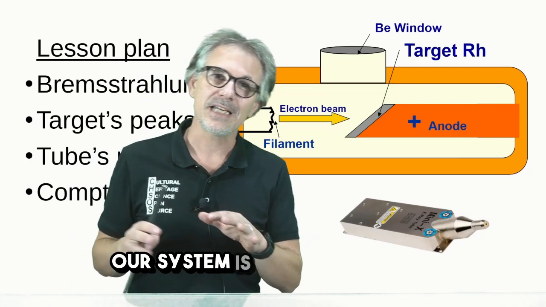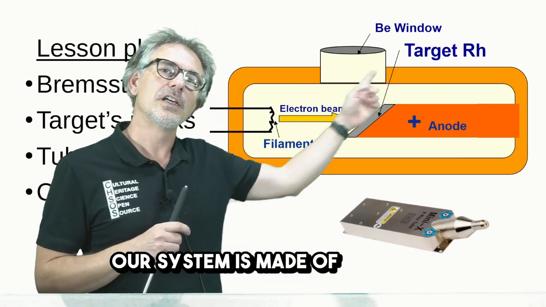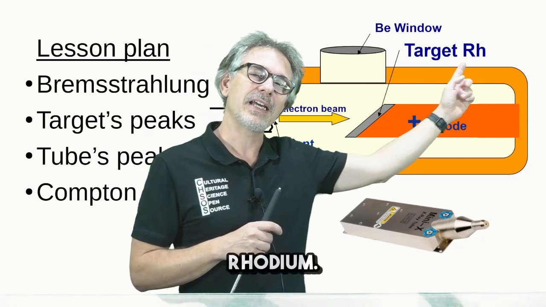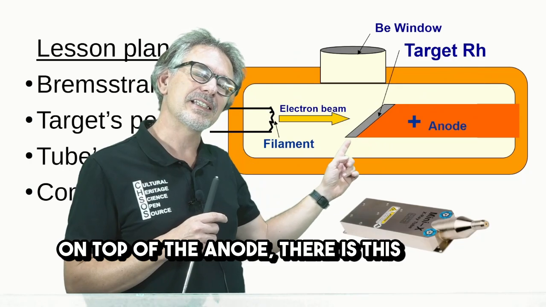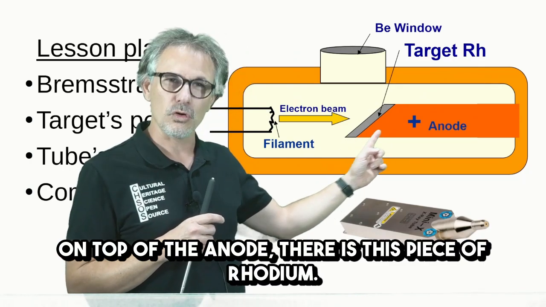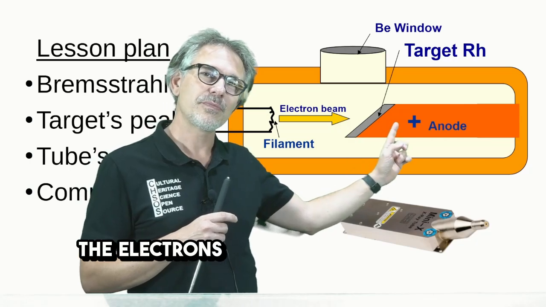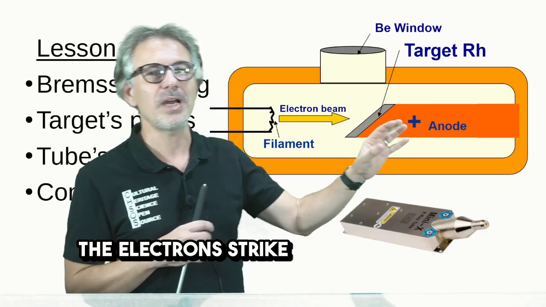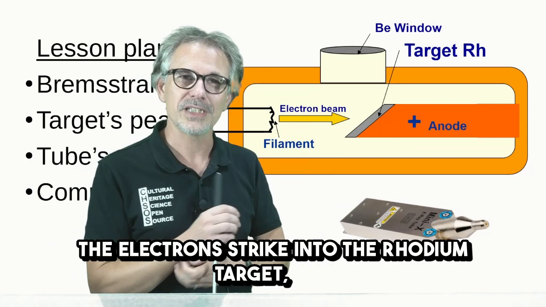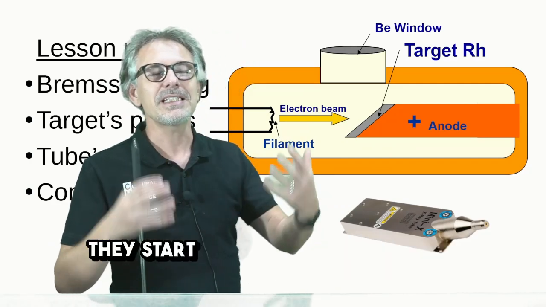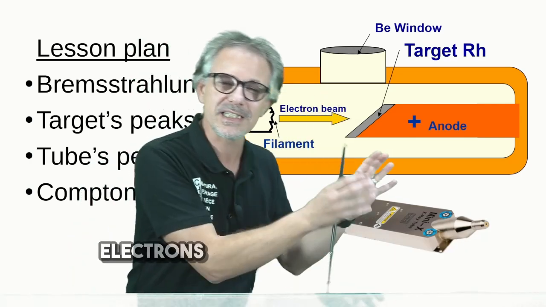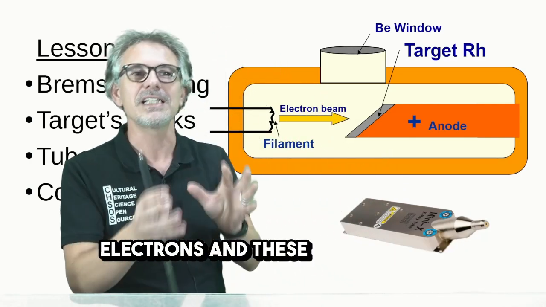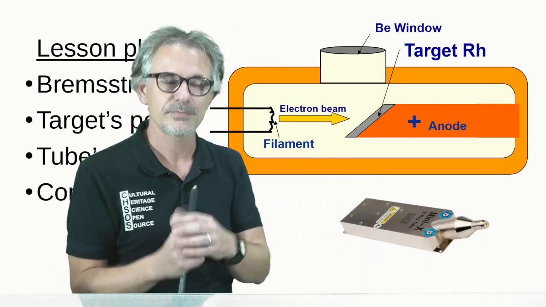Our system is made of rhodium, RH, rhodium. On top of the anode there is this piece of rhodium. The electrons strike into the rhodium target and they start to have some interaction between these electrons and this material, the rhodium.